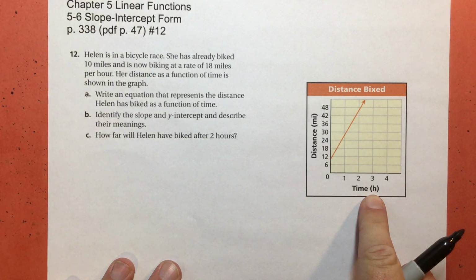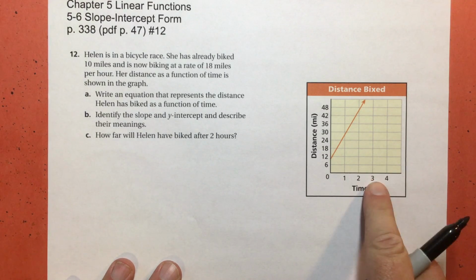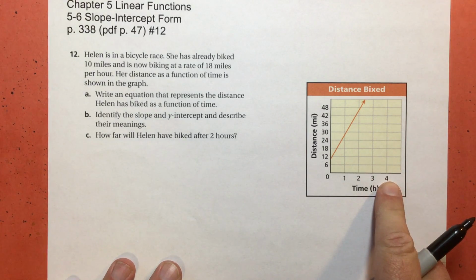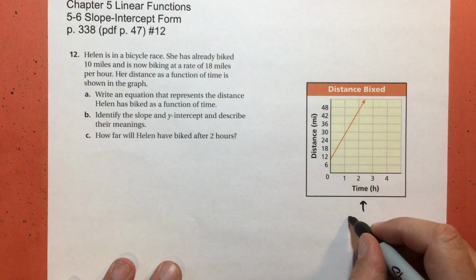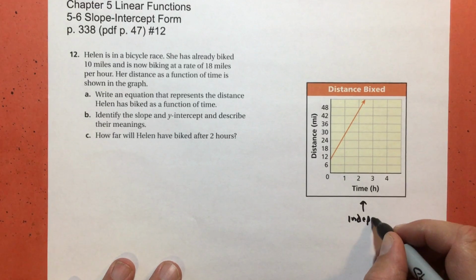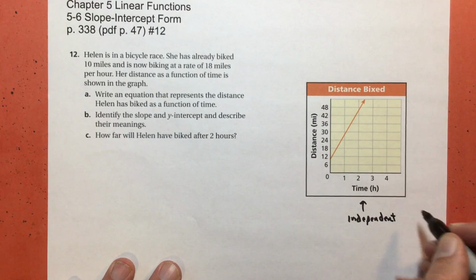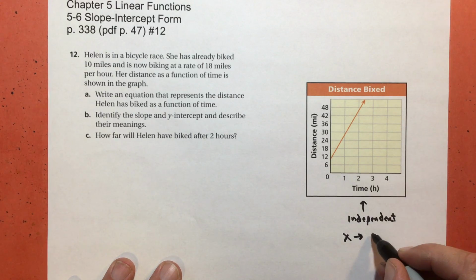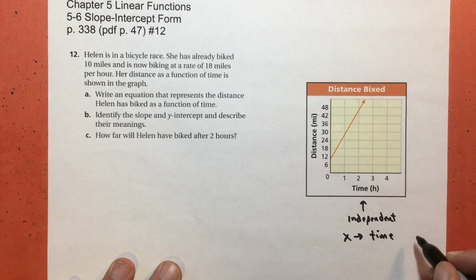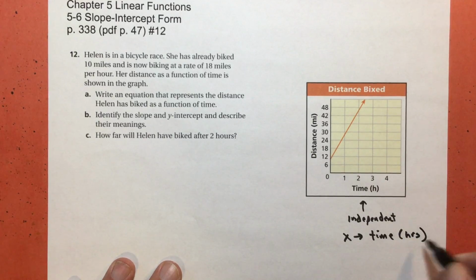Time is the number of hours that she's been biking. 1 hour, 2 hours, 3 hours, 4 hours. So this is a pretty big bike race. This time right here is my independent variable. So I'm going to have x represent time measured in hours.